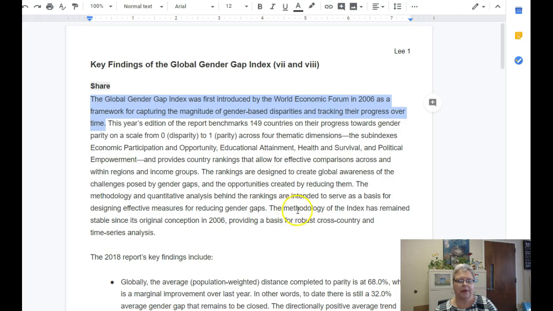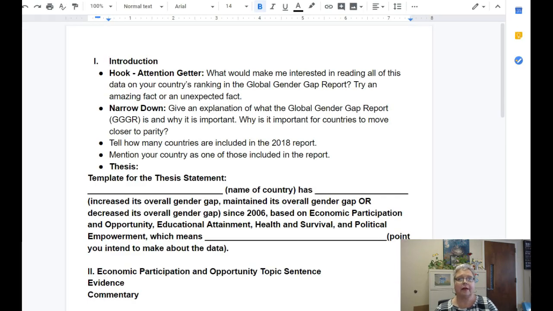So you probably don't want to get into this methodology and all of that, but it does give you some ideas that you might use in explaining to your reader what this is all about. Why is it even important?